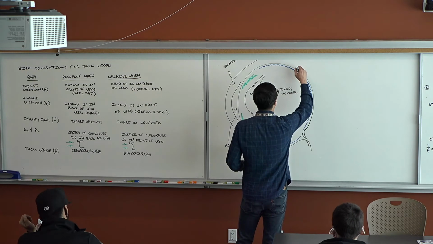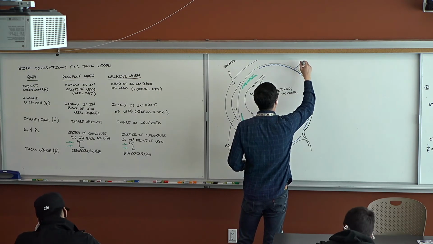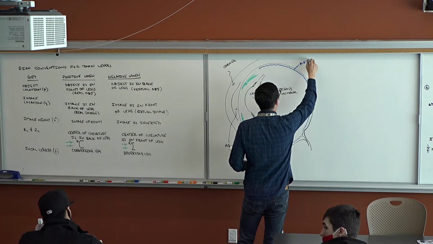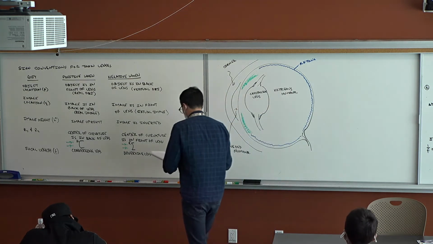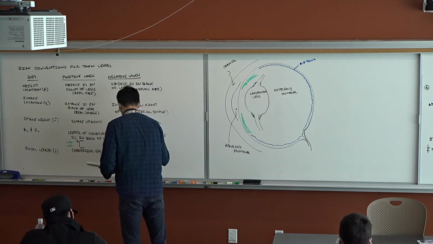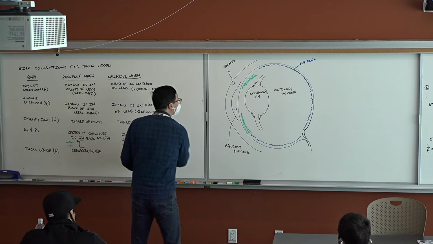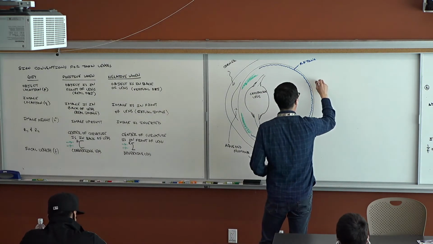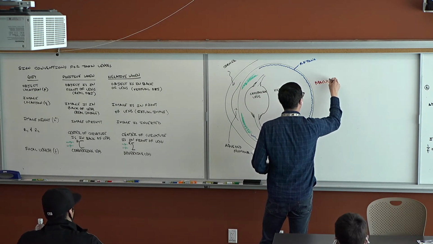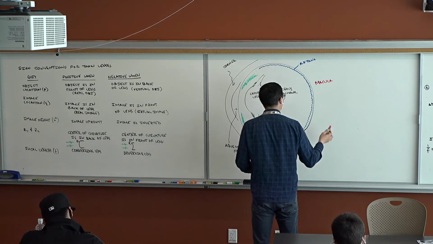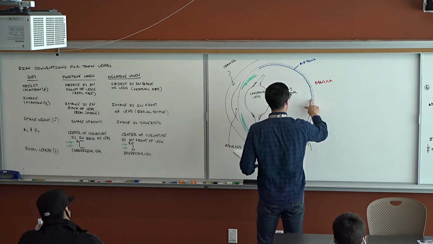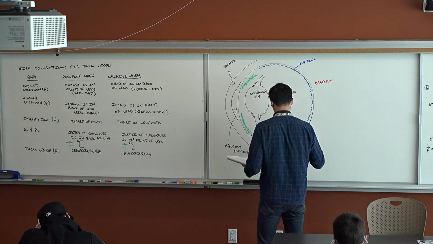Your retina. The macula is this back portion of your eye, and the fovea macula you got here.